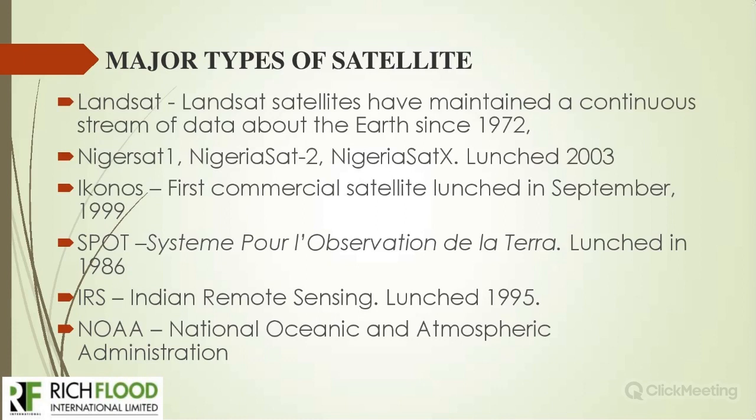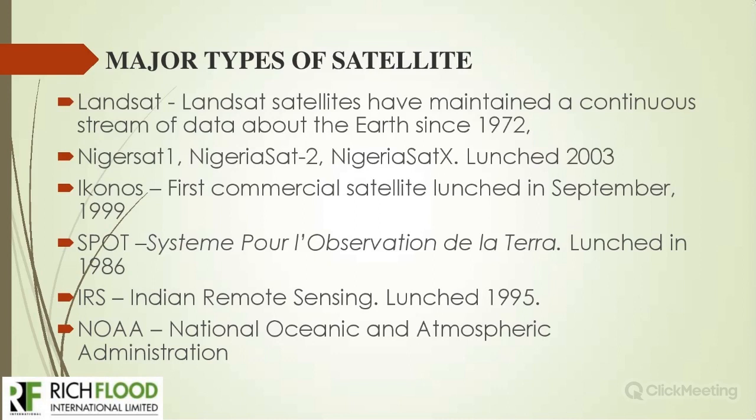So we have the Landsat, we have the Nigerian satellite system, which has NigeriaSat 1, NigeriaSat 2, and NigeriaSat X. This was launched in 2003, while the NigeriaSat X was launched in 2011. We have the Ikonos, which is a high resolution imagery. We have the SPOT, which is a French satellite system that was launched in 1986.